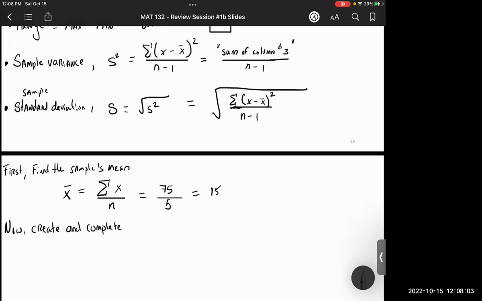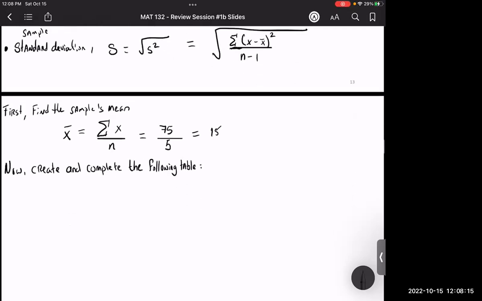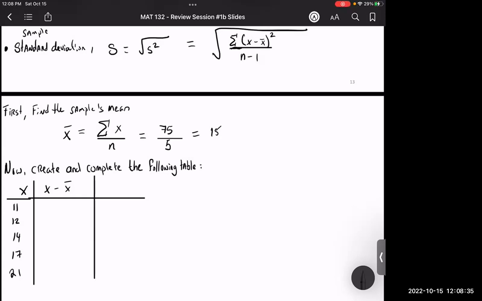So now we're going to create and complete the following table. In your first column, you list all your data values. They were 11, 12, 14, 17, 21. Then we take each data value subtracted from the mean, and whatever we get, we're going to square those values.